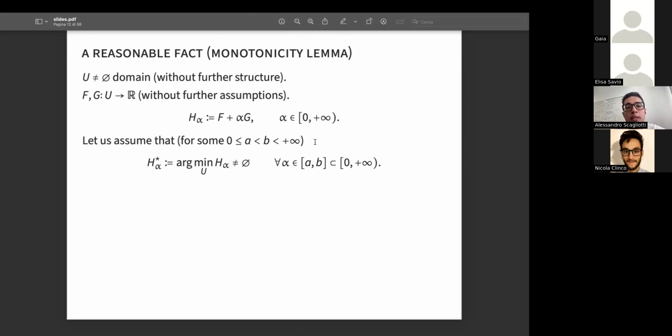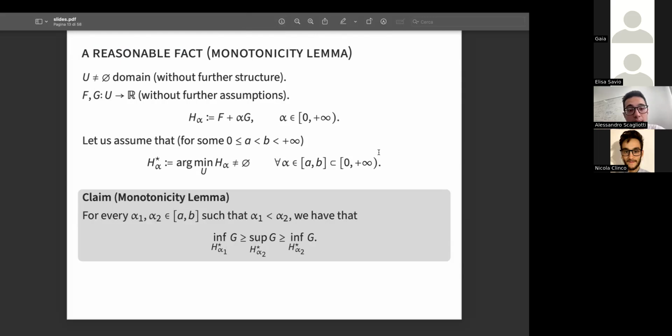The framework is exactly the same as before, but now this is the key lemma that will play a crucial role for the trade-off invariance principle. The key lemma is investigating the role that the parameter alpha has on the values of the regularizer.